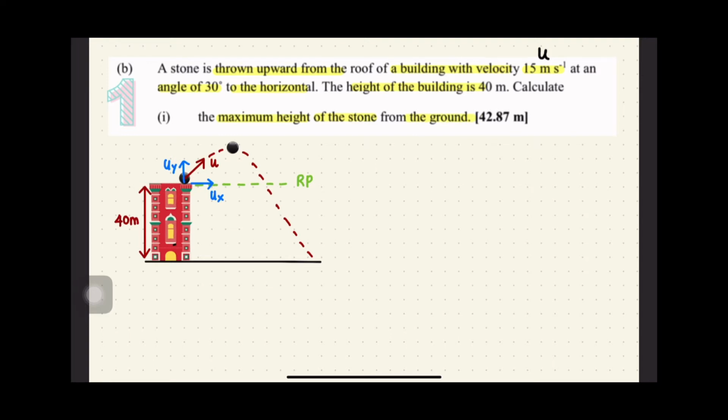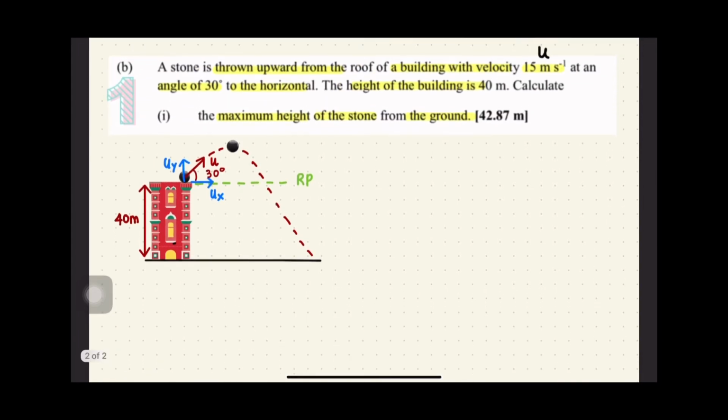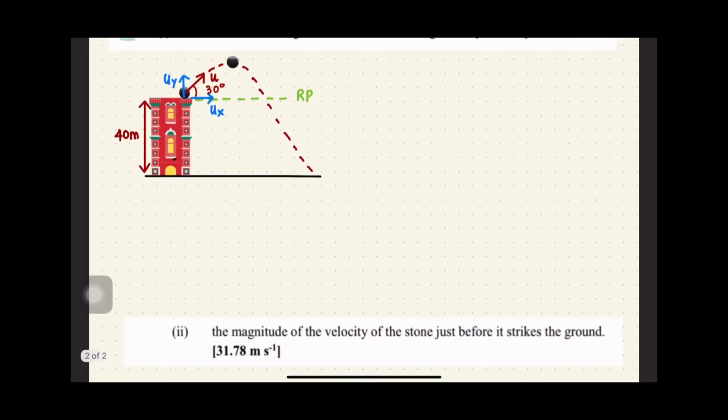So here the diagram shows that the stone is launched from 30 degree above the horizontal x-axis. When the ball is released from this position, that is the height of the building. So this we call the reference point.